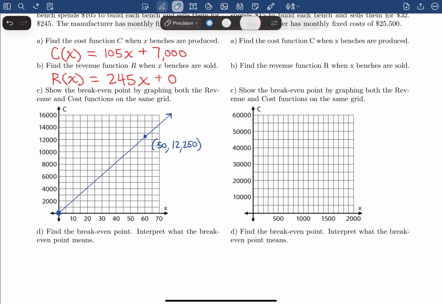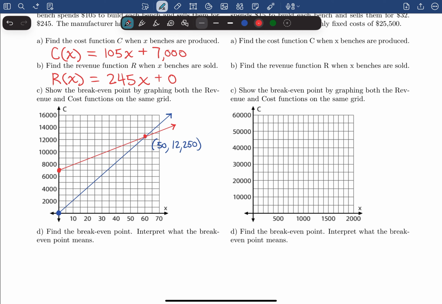And it just so happens that plugging 50 into the cost function results in the same y value as the revenue function. So there I have a second point. Now my y-intercept is 7,000, so that's why I've plotted this point, 7,000. I plug 50 into the cost function, and it just so happens to spit out 12,250 like the other one did. And so now I can graph my cost function line right here.